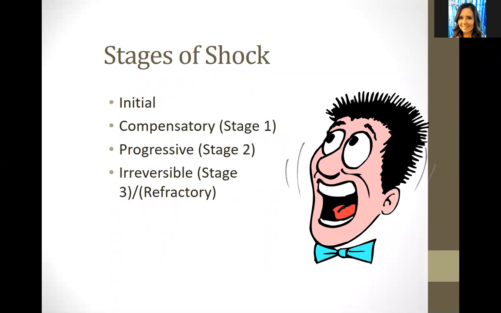Another way we can classify shock, we can classify it as early or late stages of shock. But ultimately, as shock progresses through these stages, survival is less likely, especially by the time we get to that irreversible or refractory stage 3.